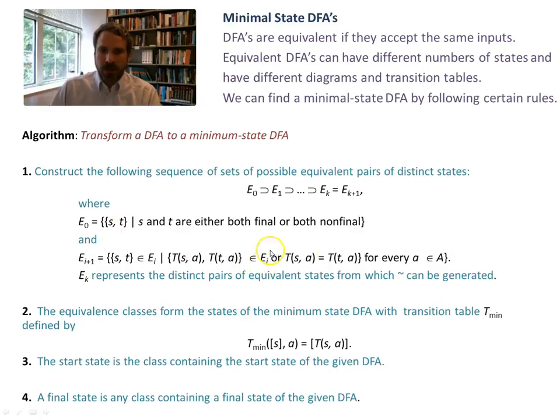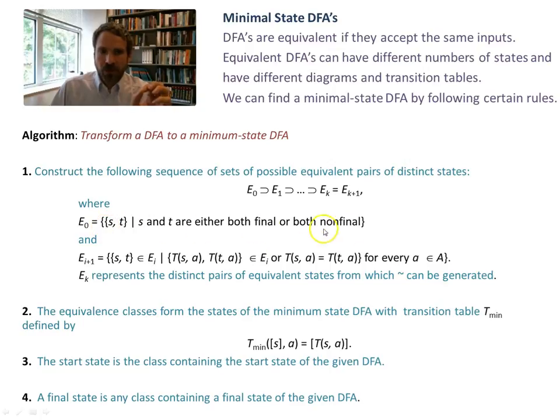If both of these things are not true, then we cut that pair out of our next iteration, which means that those two states are not actually equivalent. So states are going to be considered equivalent if they transition to the same next state for the same inputs, basically. And what this rule is doing is trying to decide which states are not going to have that property, and it will cut them out.